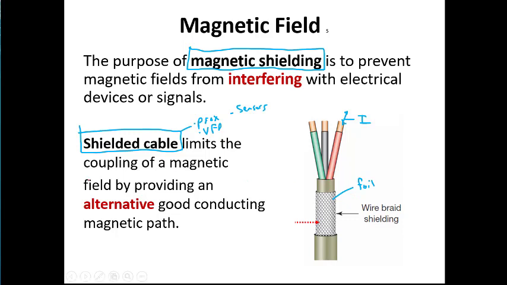The goal is to limit the coupling of a magnetic field by providing an alternative good conducting magnetic path. You put this metal foil in here and then you ground only one end of the shield. If any currents are induced inside that foil, they immediately get transferred to the ground, and so you don't get current flowing in your conductors.